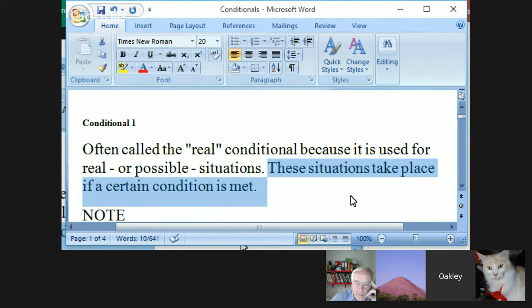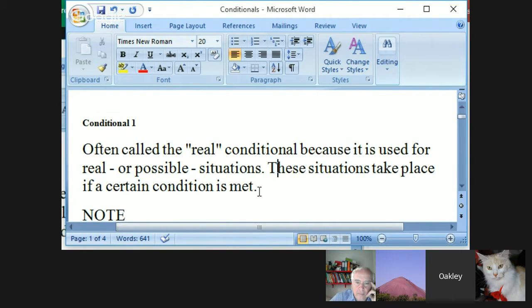Certainly any of these examples I'm giving can also be the conditional number 1. In other words, I could say these situations will take place if a certain condition is met. If you cut me, I will bleed. If you throw water on me, I will get wet. What is the difference?